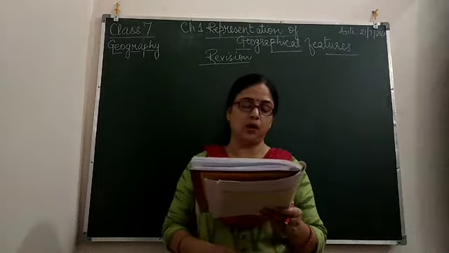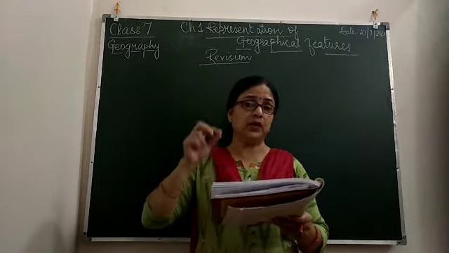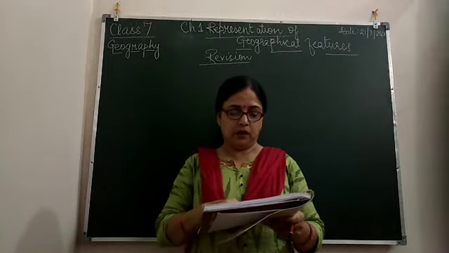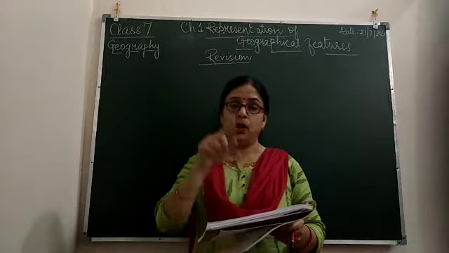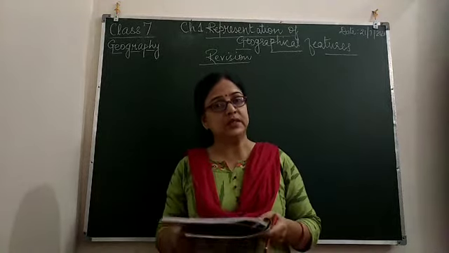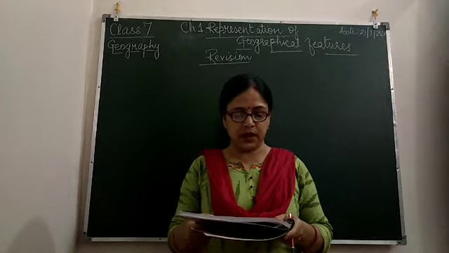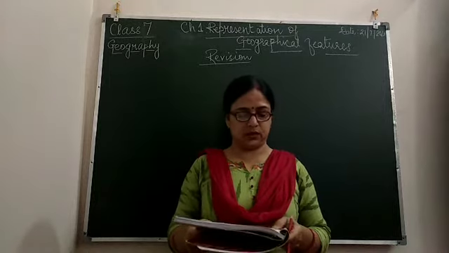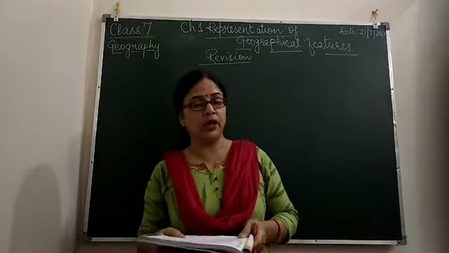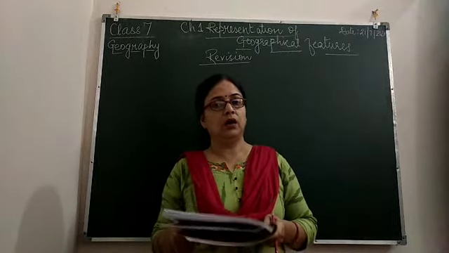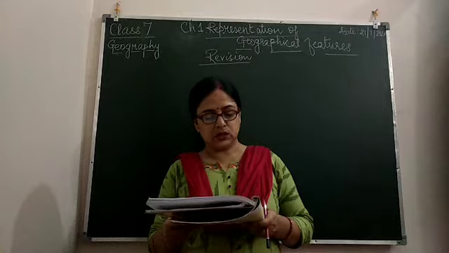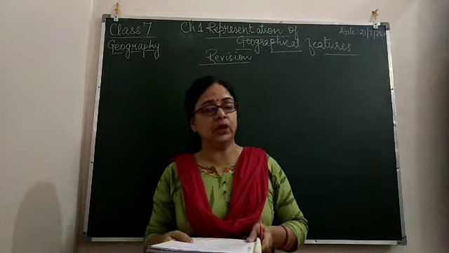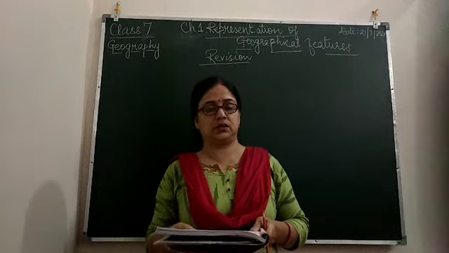Here one thing is important for objective questions: the vertical lines on the topographical map, which are numbered from west to east, are called eastings, and the horizontal lines, which are numbered from south to north, are called northings. And the combination of the eastings and the northings, their network, is called the grid reference.